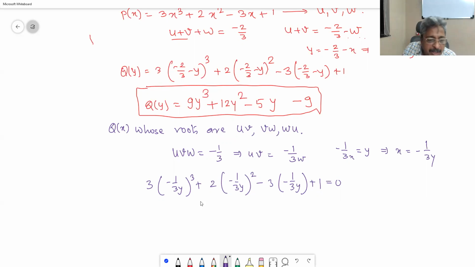So we have to multiply by 27y cube, which will give us minus 3 here, plus 9y square in the numerator minus 2 minus 18y. Is that correct?